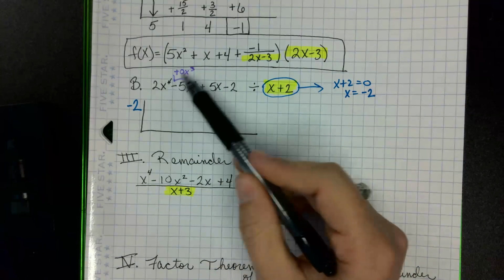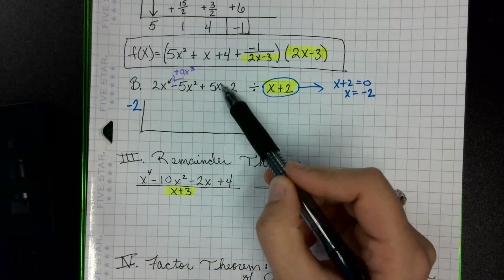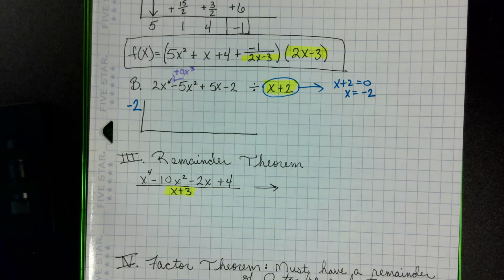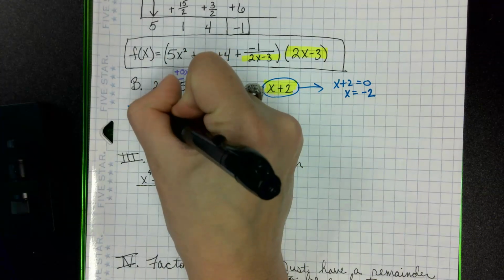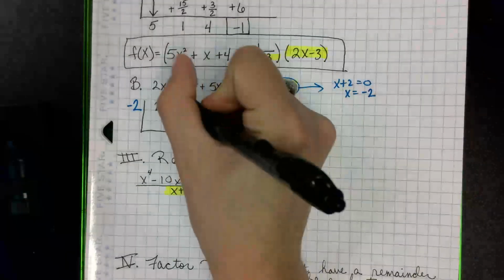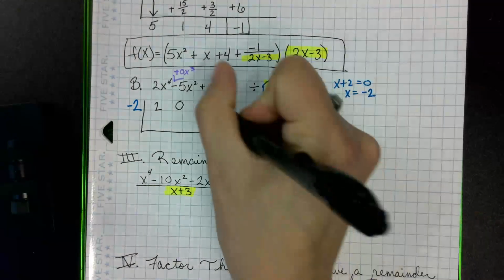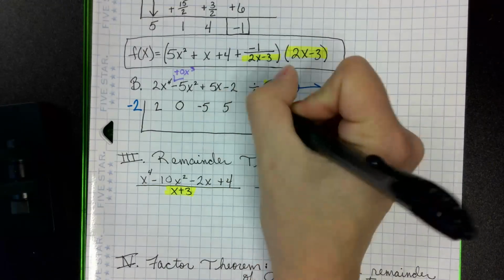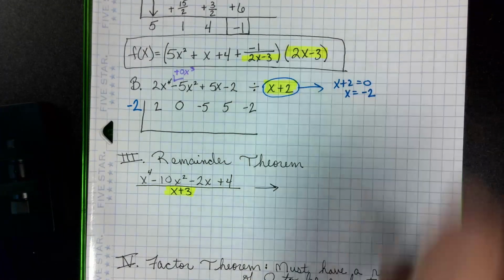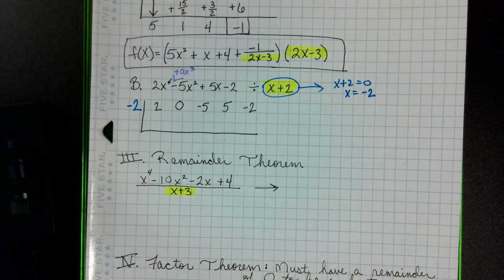So x to the fourth, x to the third, x squared, x to the first, x to the 0. Okay, that was the only one that was missing. Then you take the coefficients, write them in order. So 2, 0, negative 5, positive 5, negative 2. And then you can start your synthetic division process.